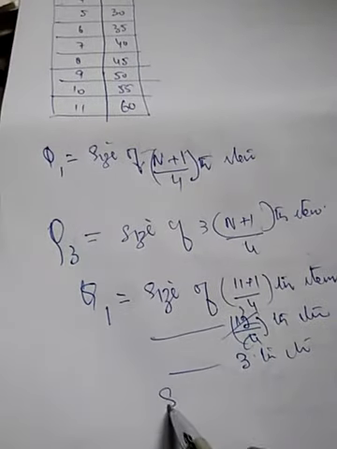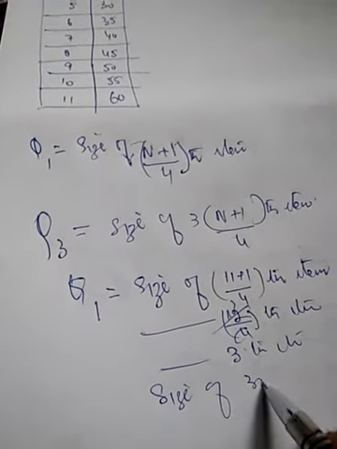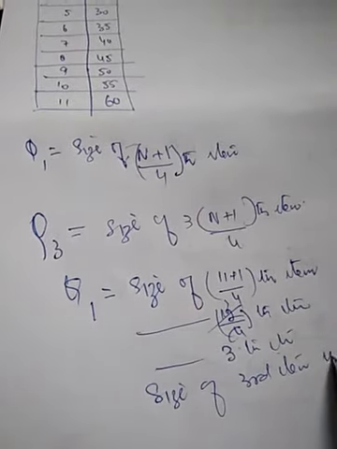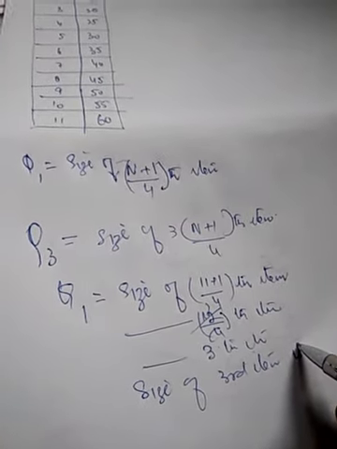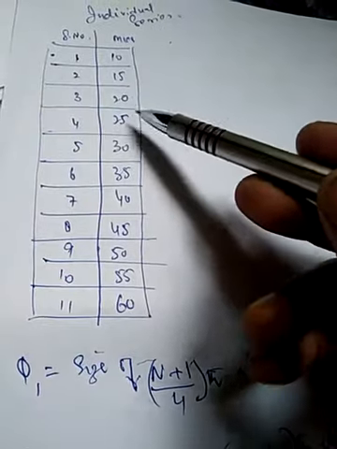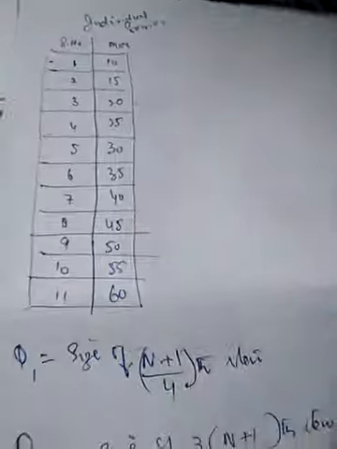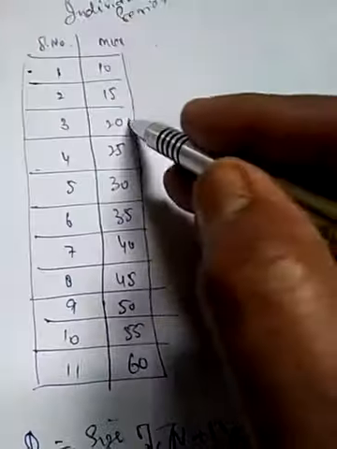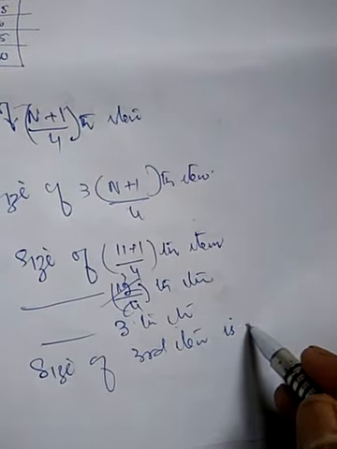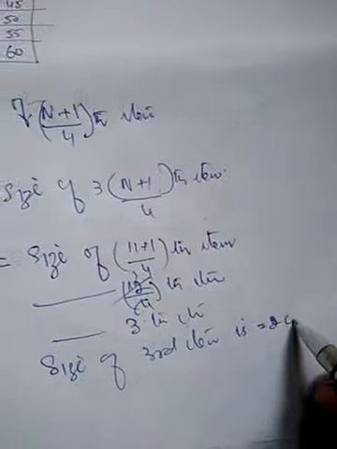Now you have to look for the size of third item in the series. This is the first item, second item, third item. Size of third item is 20. So our Q1 will be equal to 20.